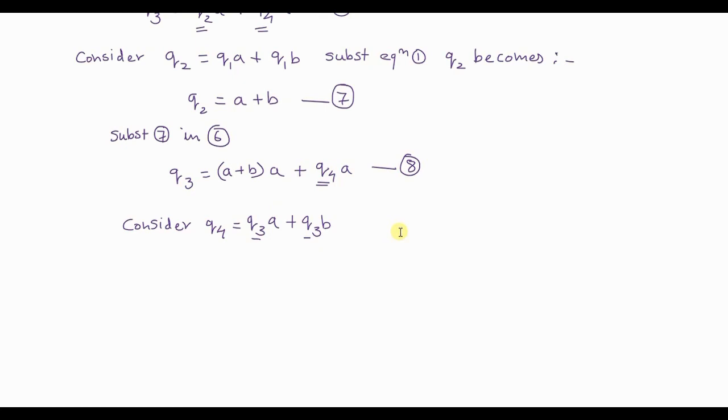So Q4 can be further written, if you take this common term out, as Q3 (A plus B). I will call this equation 9. What we are trying to do is get the value of Q4.